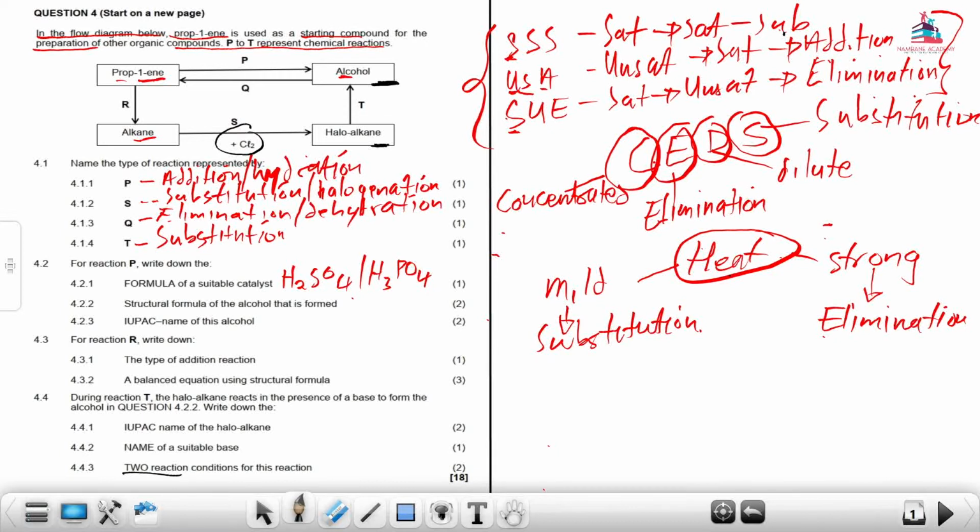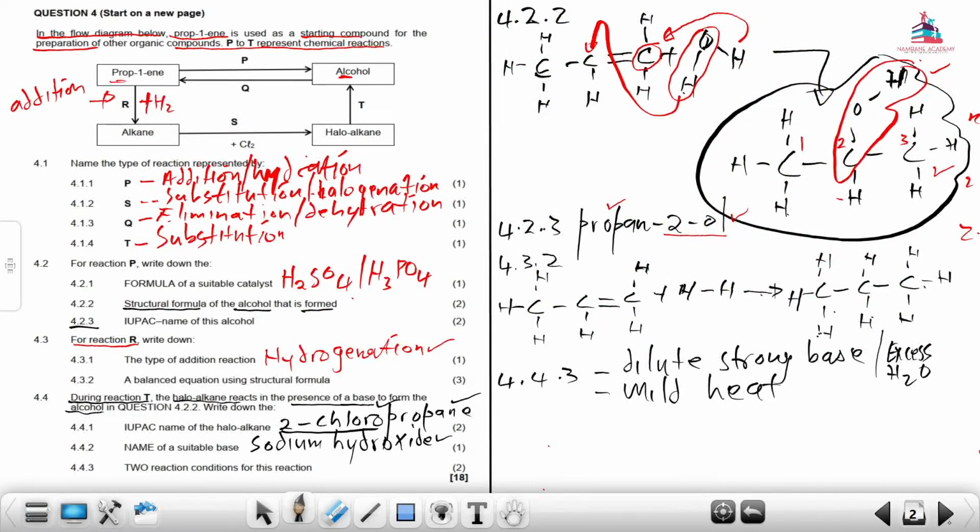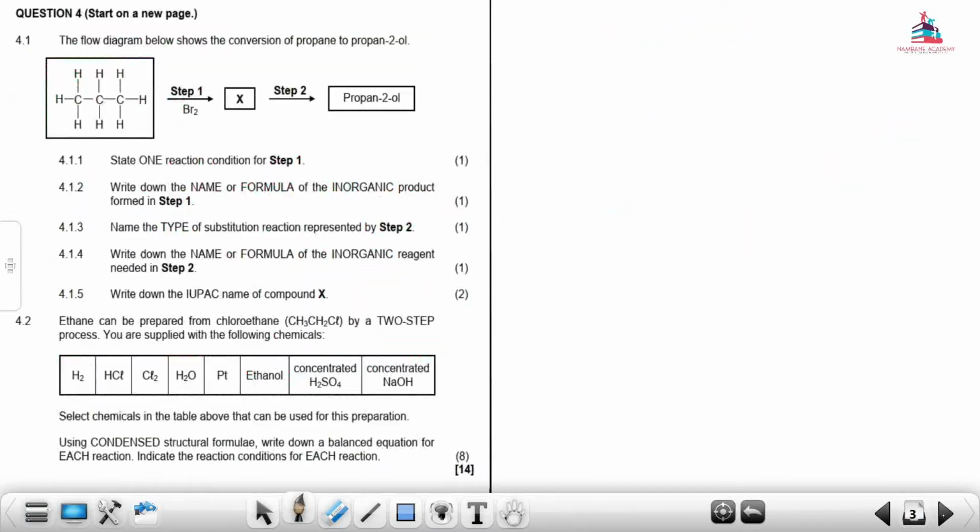So this was just a simple example of applying the analogies and the exam tips. So I'm going to go to another question with the same approach of using the analogies that we have. Let's start now with 4.1.4. It's a different question. 4.1.1. Let's read the stem of the question. The flow diagram below shows the conversion of propane to propan-2-ol.